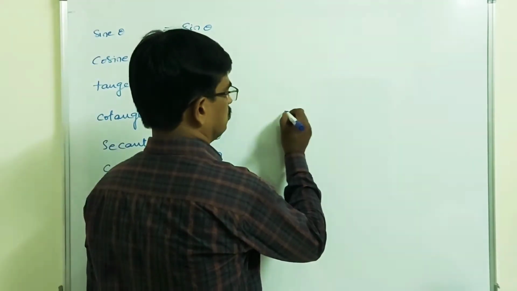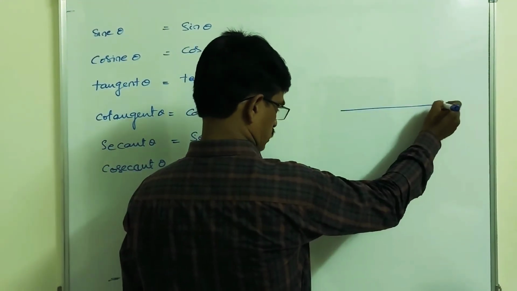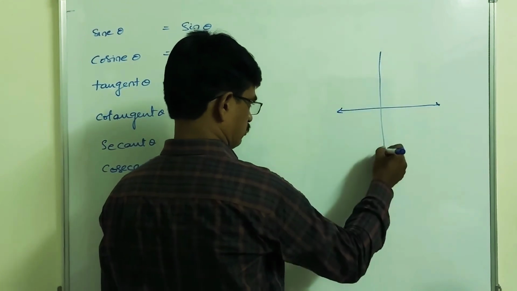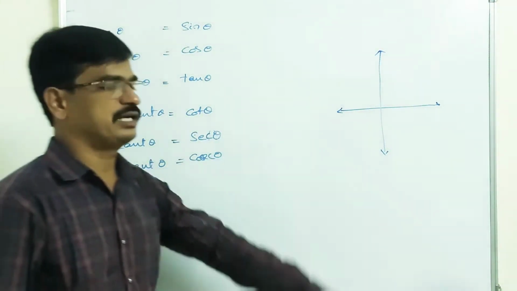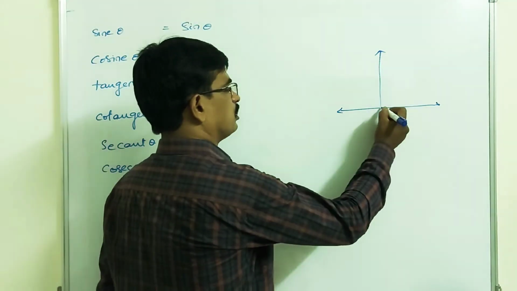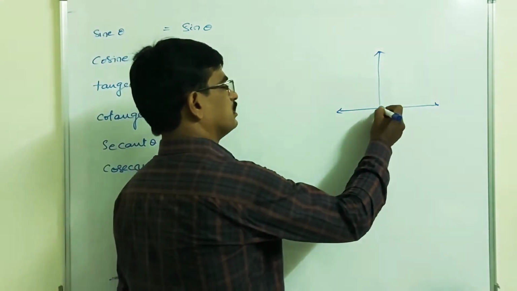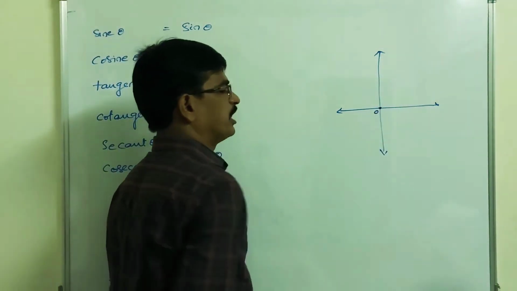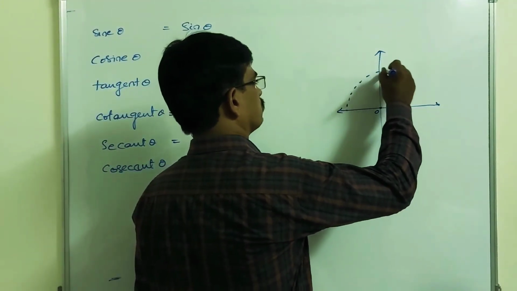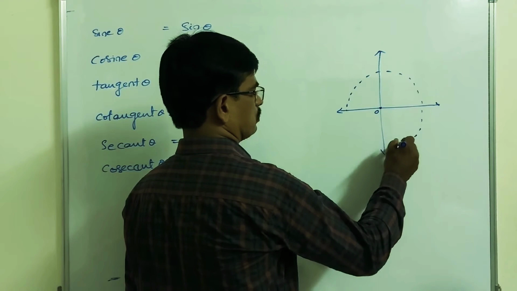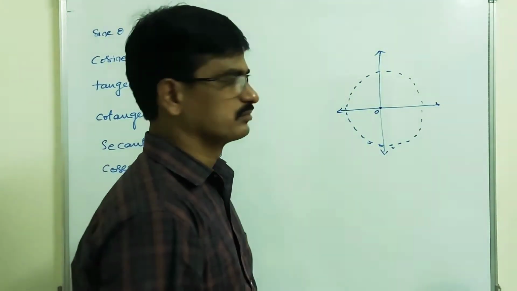Before that, in a Cartesian plane, draw a horizontal line and a vertical line. This is a Cartesian plane in which we have drawn a horizontal line and a vertical line. Now these two make a point. Let it be this point O, and with O as a center, draw a circle.